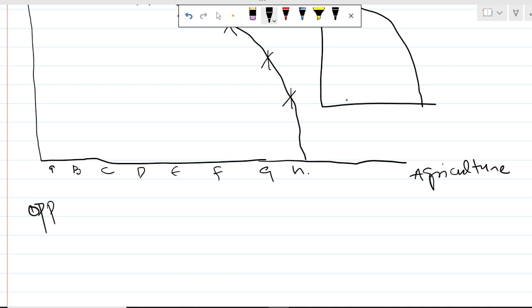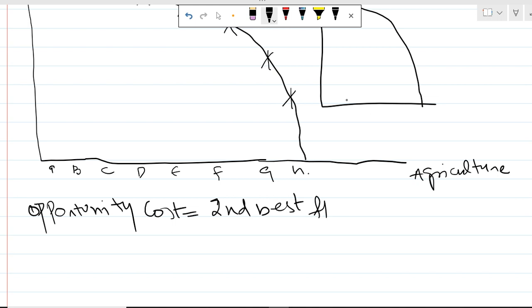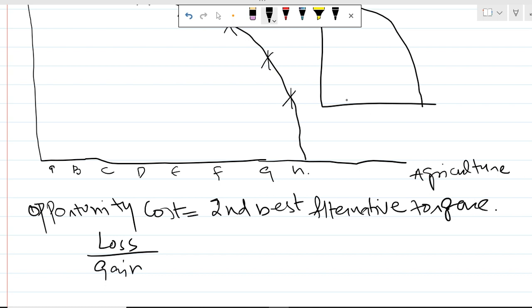The formula of opportunity cost, as we know, is the second best alternative foregone. The formula is loss divided by gain, or foregone divided by obtained.